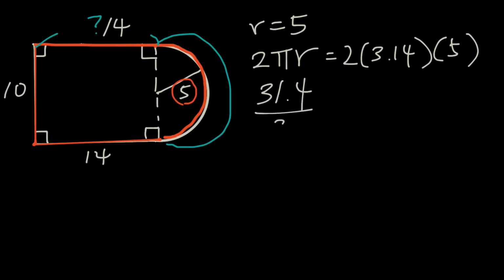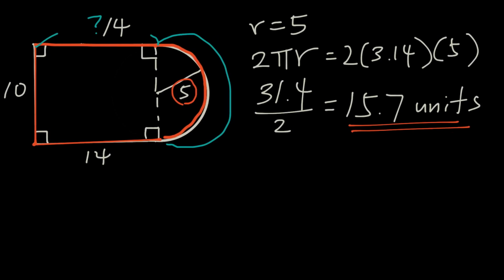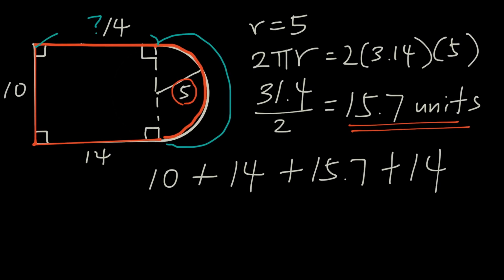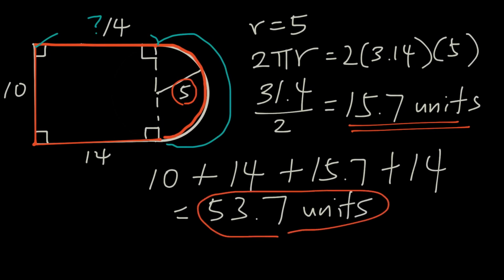What we're looking for was half of that, so half of that would be 15.7 units. Okay, so now we've taken care of the half circumference. Now we just have to add the rest of the sides to get the final answer. So we have 10 plus 14 plus 15.7 plus 14, and that equals 53.7 units. And that's your final answer.